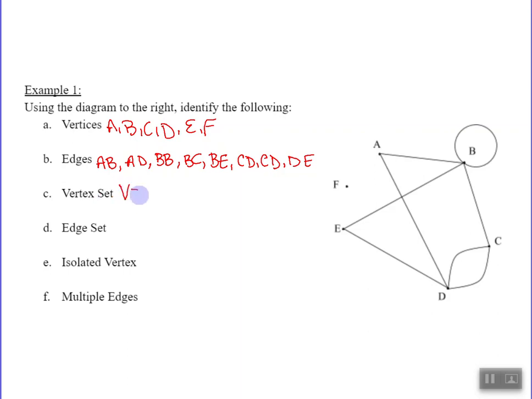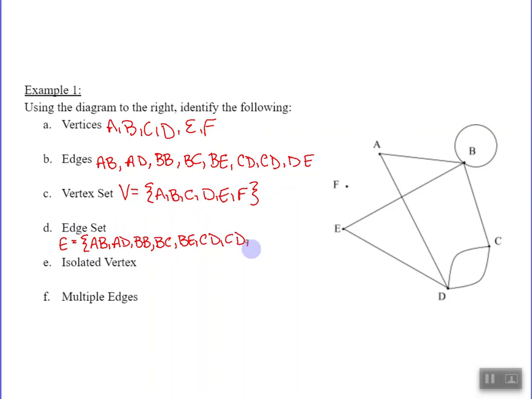You would say your vertices are the points A, B, C, D, E, and F. Similarly, your edge set, we would say your edges include AB, AD, BB, BC, BE, CD, CD, and DE.